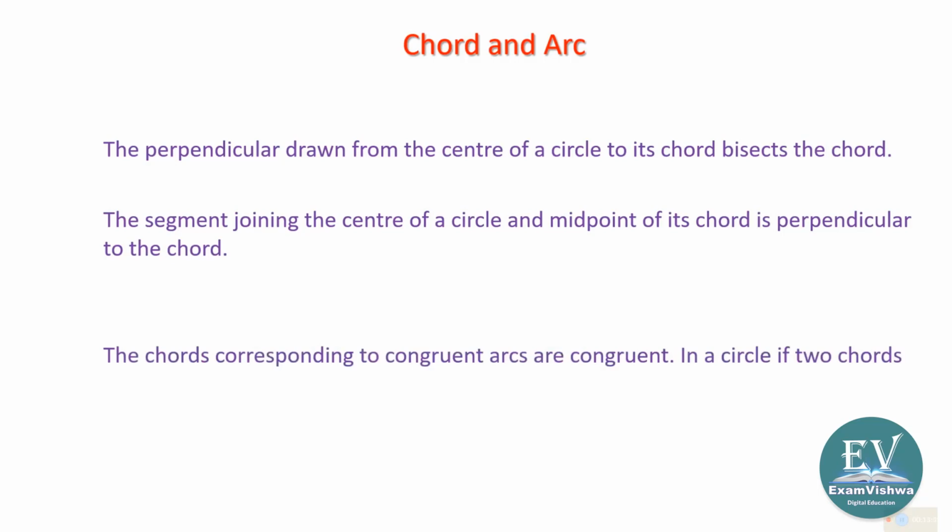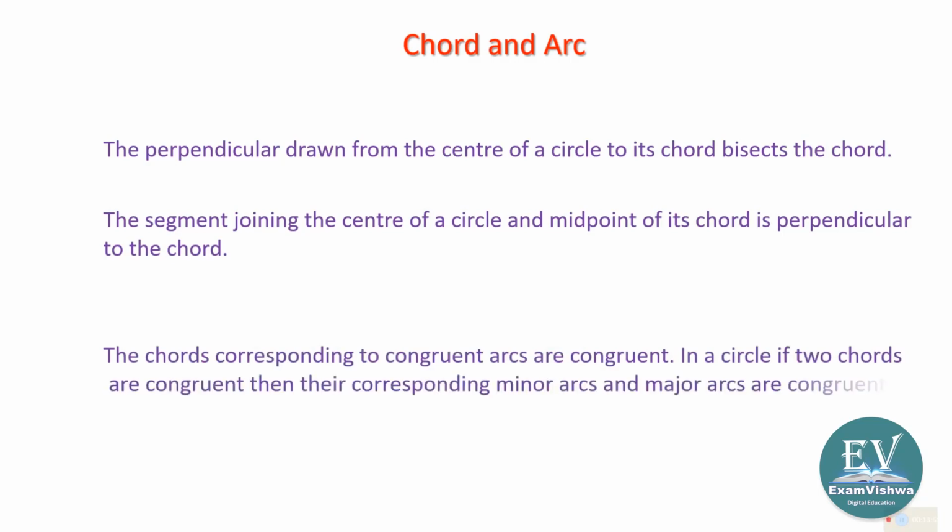The chords corresponding to congruent arcs are congruent in a circle. If two chords are congruent, then their corresponding arcs are congruent, whether it is minor or major, both will be congruent.